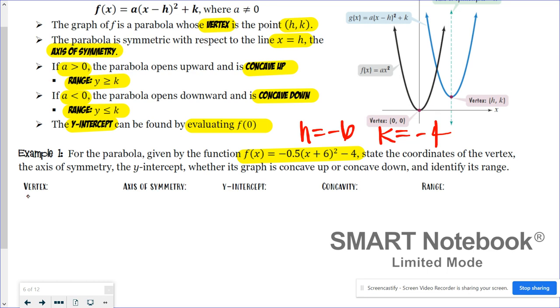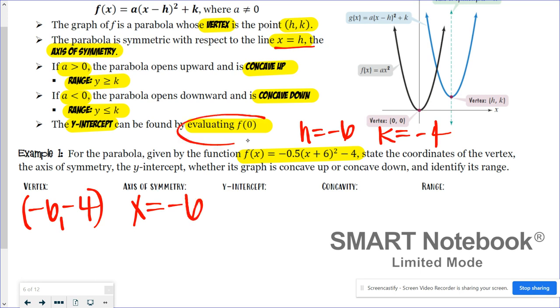So our vertex is the point h comma k, so we're looking at negative 6 comma negative 4. The axis of symmetry is that line x equals h, so we're looking at x equals negative 6 for this particular problem. For our y-intercept, you want to evaluate f of 0. So we want to literally plug in 0 for x and calculate. And you can do the whole thing in your calculator. Okay, that's what I usually do. I got negative 22.